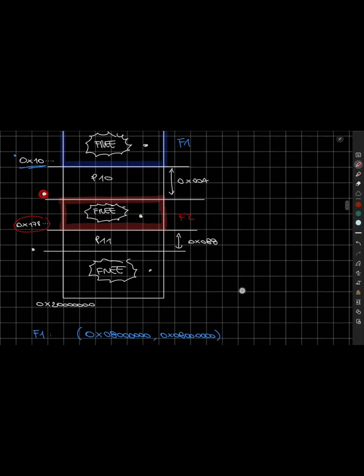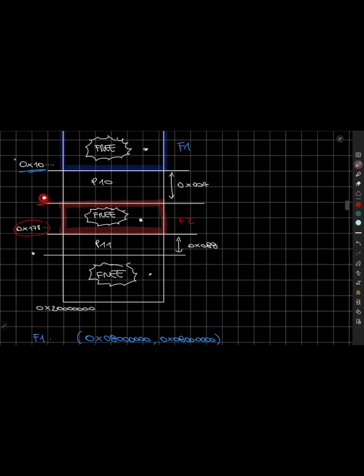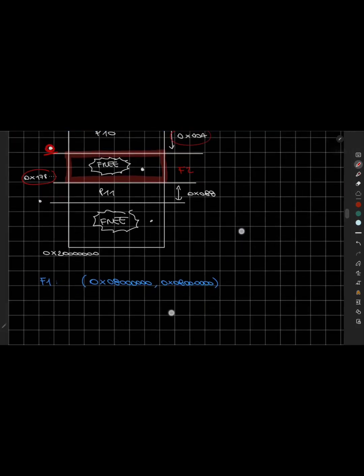We should calculate this address by adding to this address the size of the process P10.